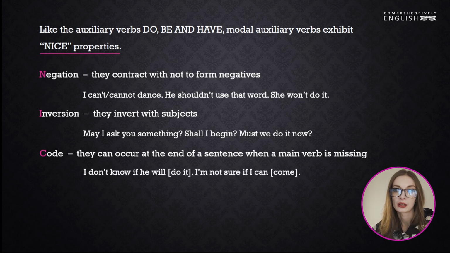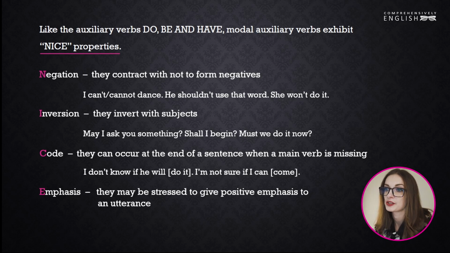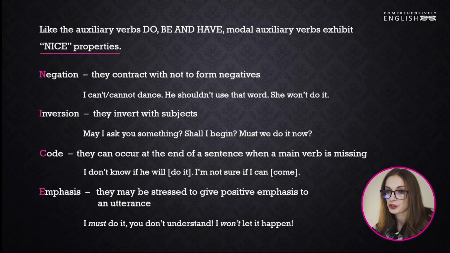I don't know if he will do it, yeah? I'm not sure if I can come. I don't know if he will. Emphasis. They may be stressed to give positive emphasis to an utterance. I must do it. You don't understand. Or I won't let it happen. Yeah? By positive here, we mean not a positive sentence versus a negative sentence, yeah?